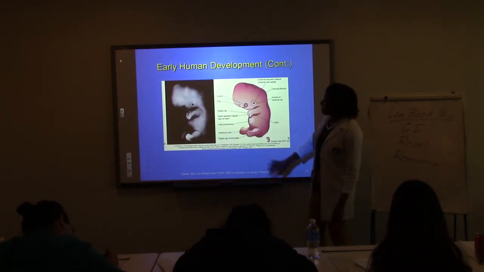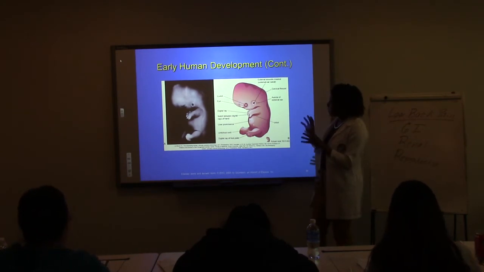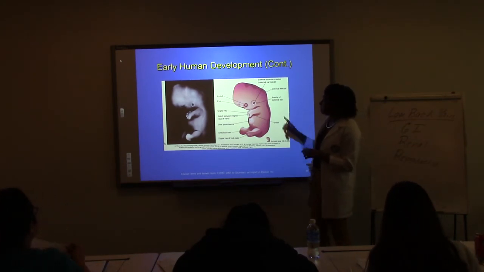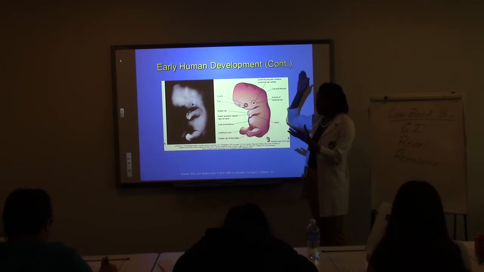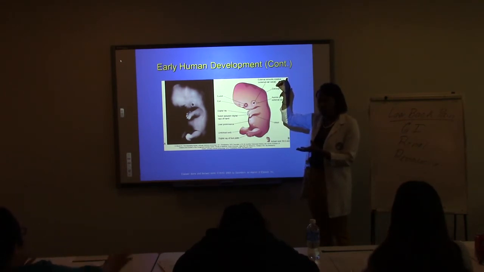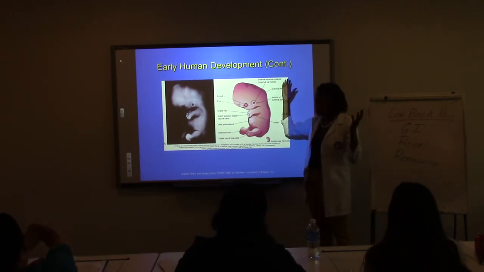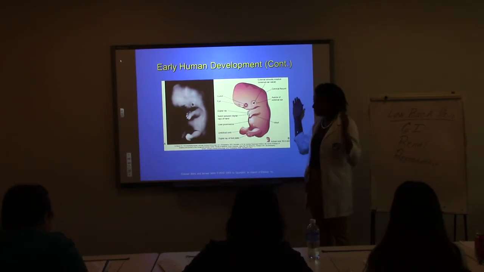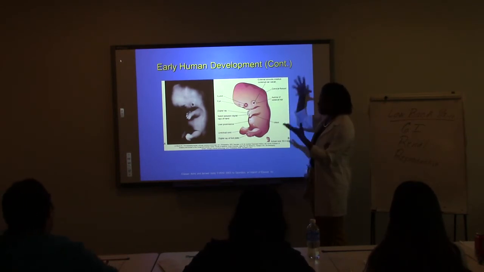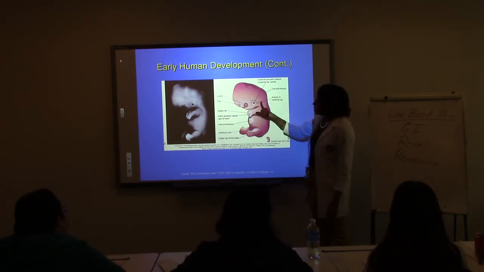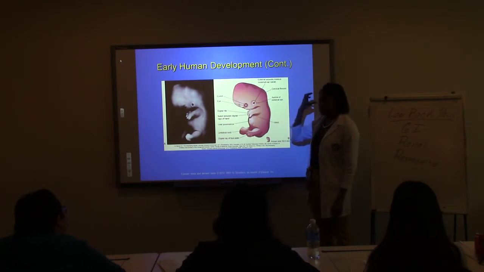Okay, so here we go, that little shape that we were talking about. The head looks very large, and takes up a little more circumference than the rest of the body. However, it's still forming. Eyes, opening for the ear canal.